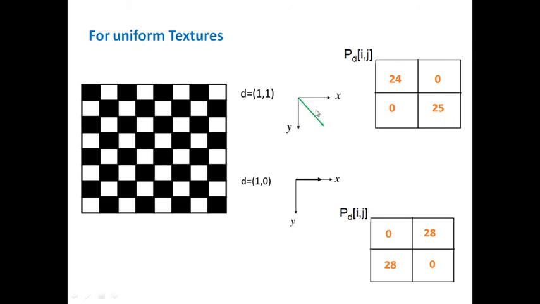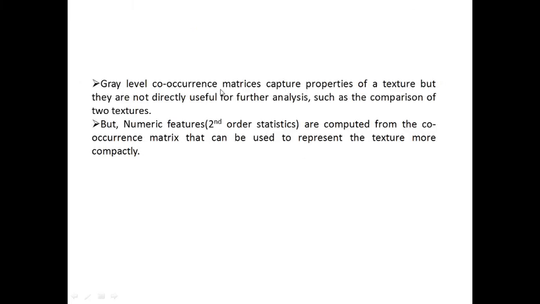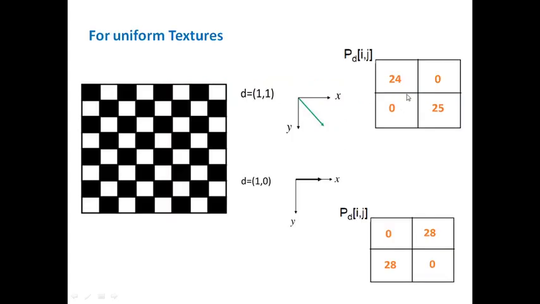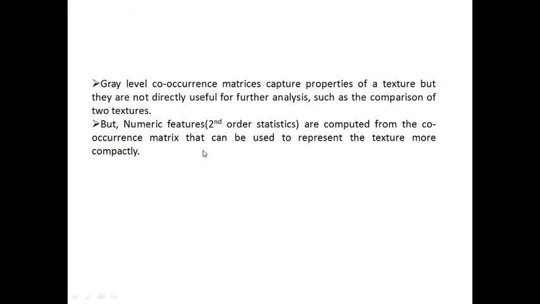So for uniform textures, in this manner I can get the GLCM. The GLCM captures properties of a texture, but it is not directly useful for further analysis, because I just obtained my GLCM, that's it. I need to perform the classification of the regions in the image.